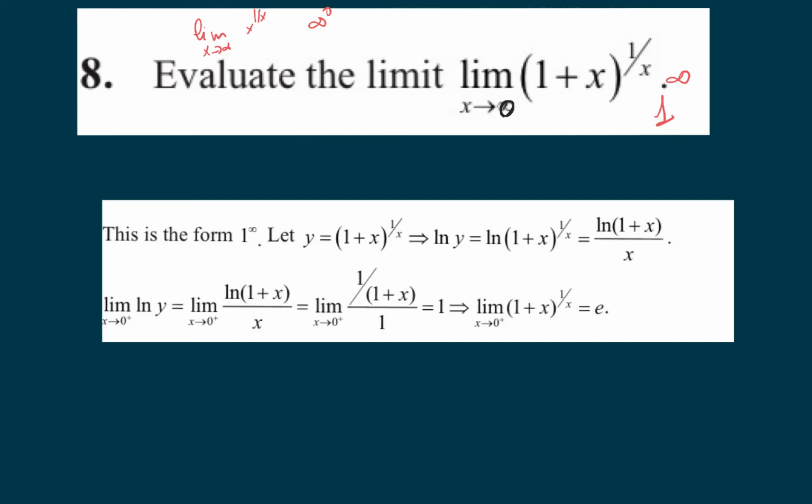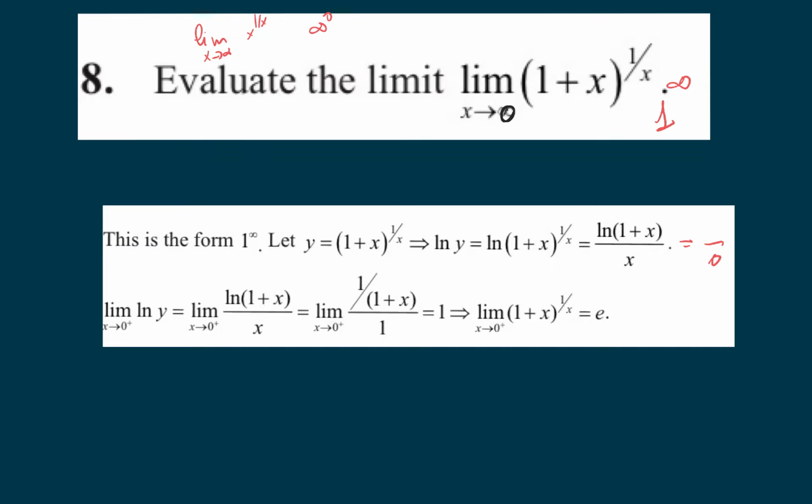And now I will check if this is an indeterminate form of the type infinity divided by infinity or 0 divided by 0. When x goes to 0, the denominator approaches 0. And natural log of 1 plus x tends to natural log of 1, which is 0. So it is of the form 0 divided by 0. So I can apply L'Hopital's rule to this quotient.